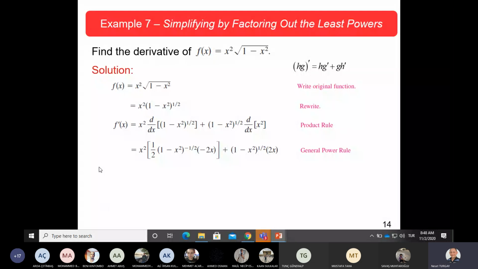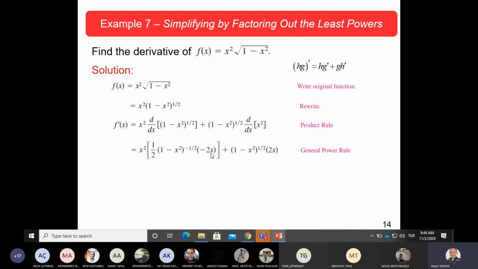What will you do here? You will take the derivative of this one. You will just take 1 over 2 to the front. You will not do anything with this guy. You just write it, and the power decreases by 1. So 1 over 2 minus 1 gives you minus 1 over 2, times the derivative of inside. What is the derivative of inside?